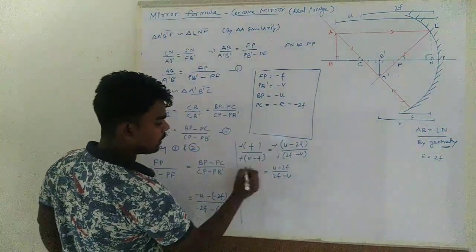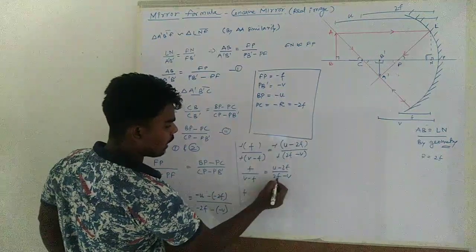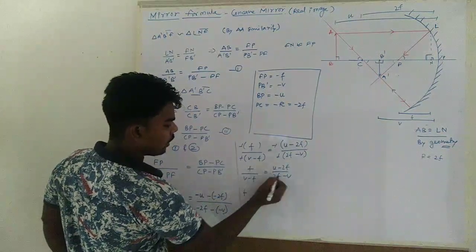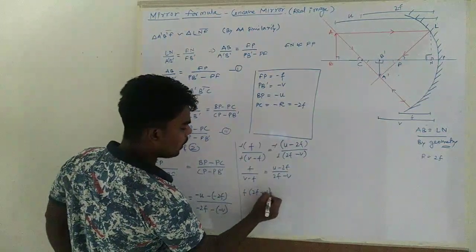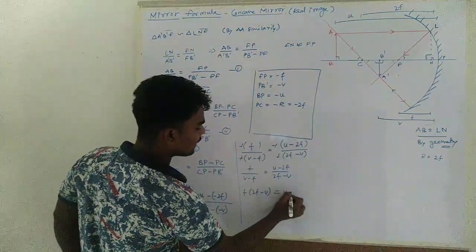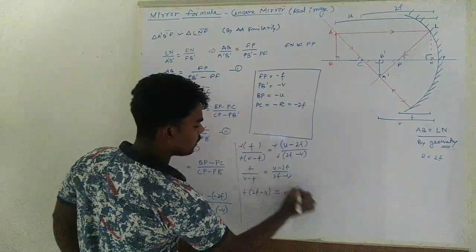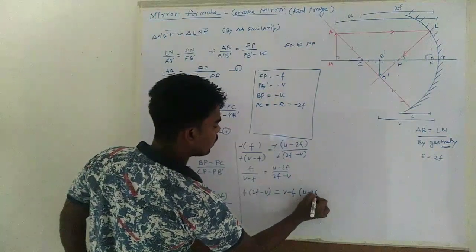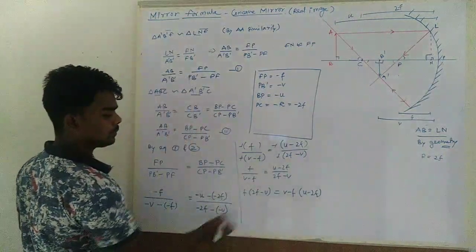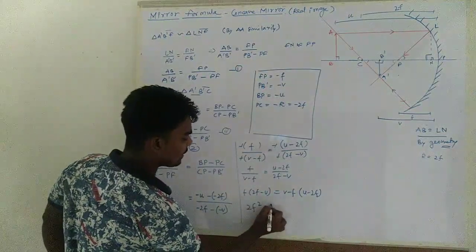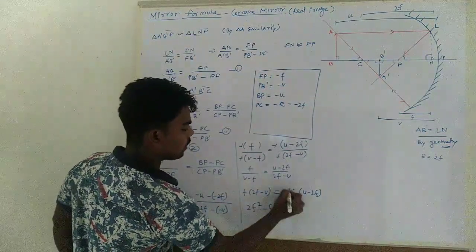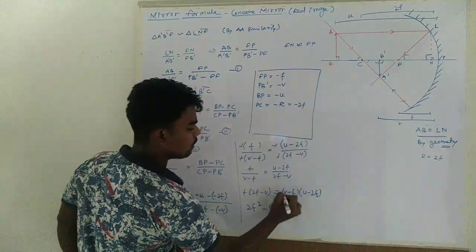So we will cross multiply. This term will be multiplied here, so F in this is multiplied here: F times 2F minus V, and V minus F multiplied with U minus 2F. So this will become 2F square minus FV. Then this is also multiplied.